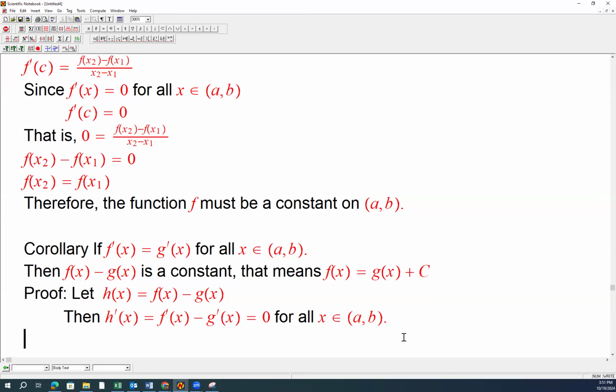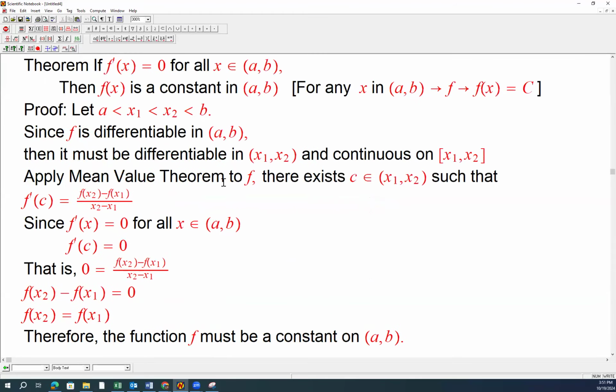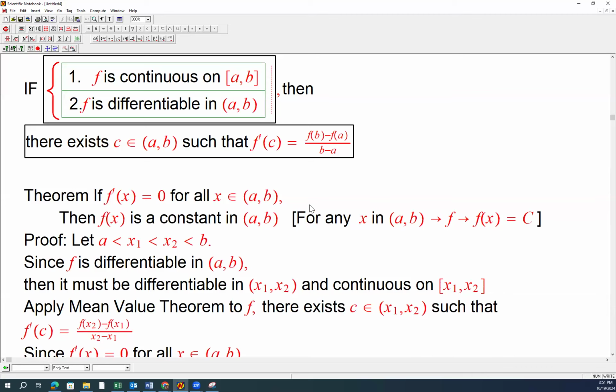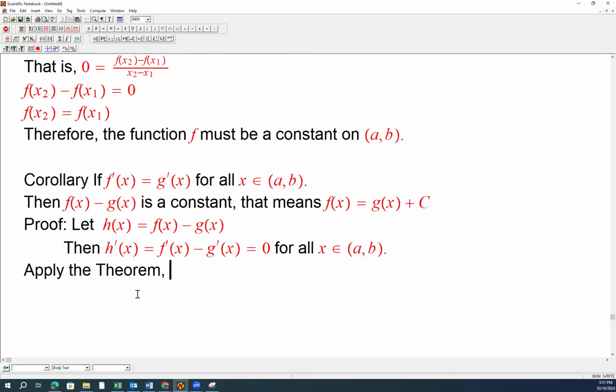And then we just apply the theorem above: if the derivative equals 0 on the interval, then the function is a constant. Applying the theorem, we get that h of x is a constant.